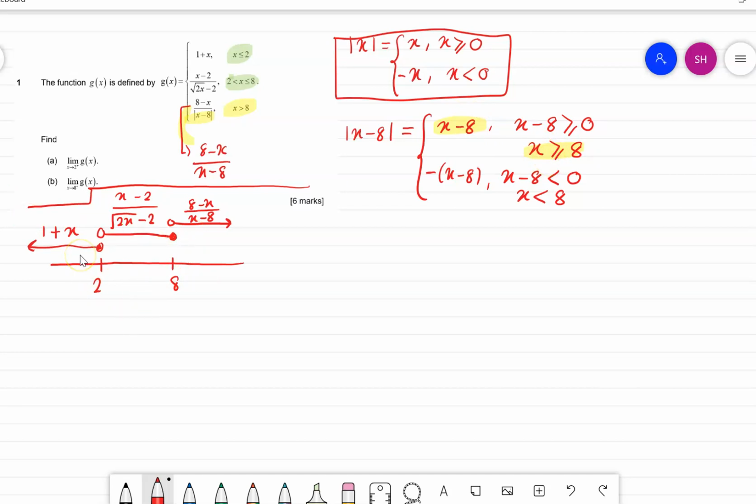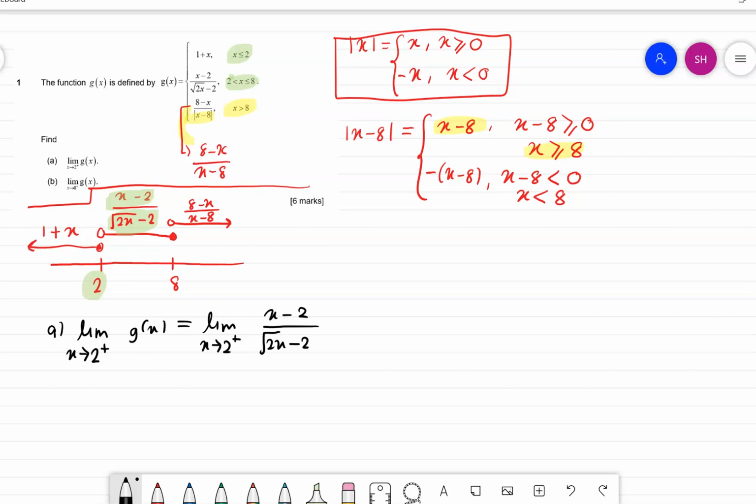Alright, now we go to the first question. Find the limit of g of x as x approaches 2 from the right. Looking at the number line, this is 2. Very close to 2 from the right is this function, the one closest to 2. So we substitute g of x with this function: limit of square root of x minus 2 over 2 minus square root of x, as x approaches 2 from the right.